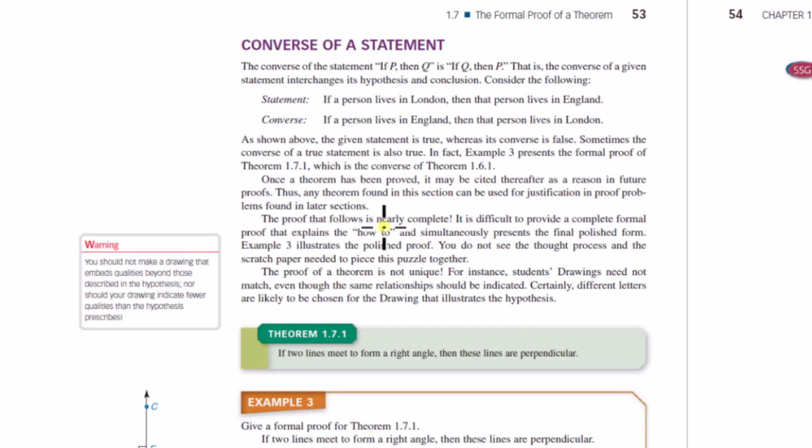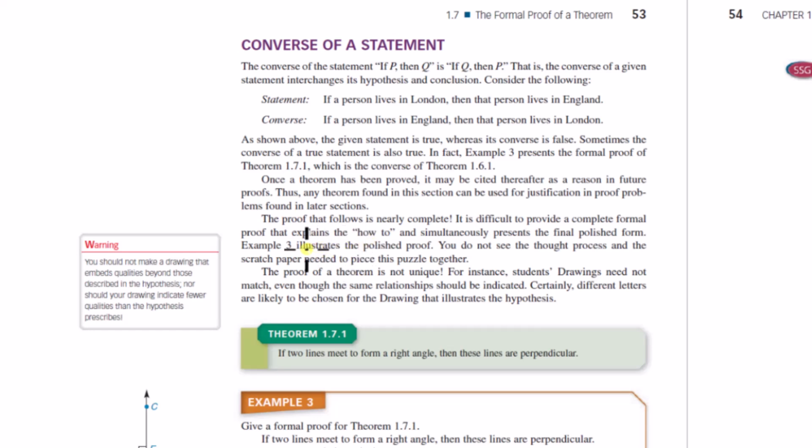The proof that follows is nearly complete. It is difficult to provide a complete formal proof that explains the how-to and simultaneously presents the final polished form. Example 3 illustrates the polished proof. You do not see the thought process and the scratch paper needed to piece this puzzle together. So what they're saying here is that the ideal proof is going to contain all of the information about the how-to, but also be polished and cleaned up.